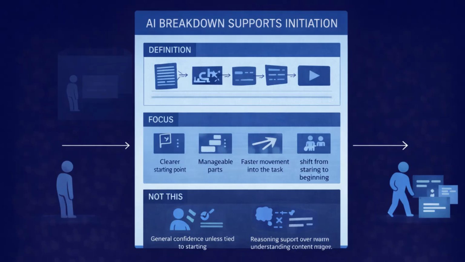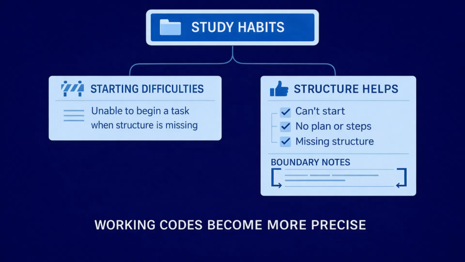The boundary note might clarify that this code should not be used for general confidence increases, unless the confidence is explicitly tied to starting the task, and that it differs from reasoning support if the central issue is initiation rather than understanding content. One code now captures the barrier. The other captures the support. The parent bucket stays stable, but the working codes become more precise through actual contact with the data.